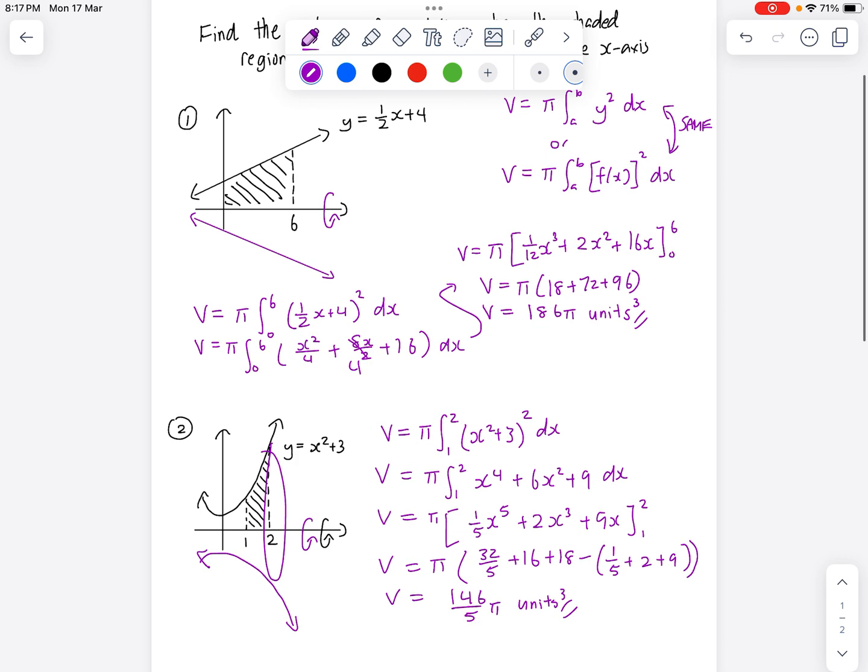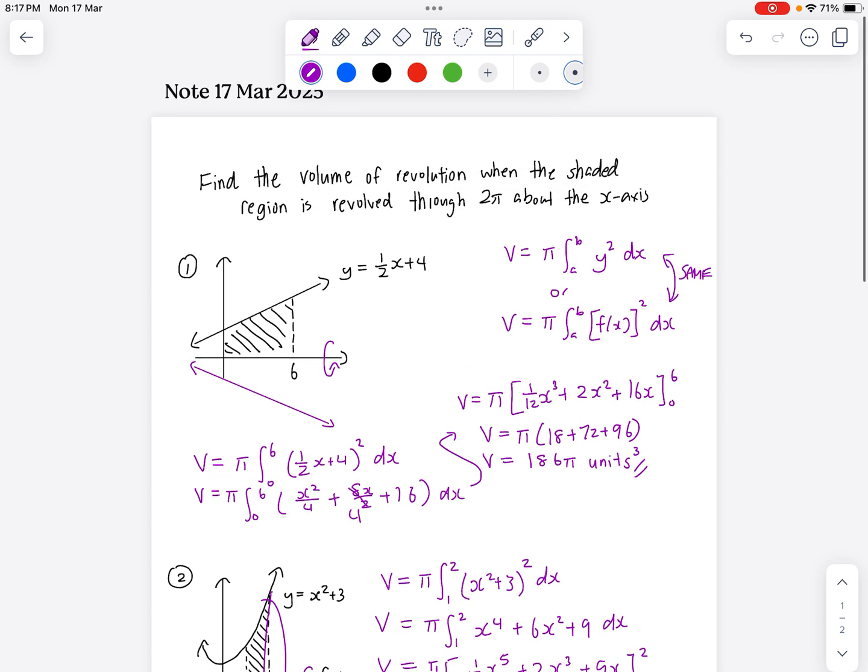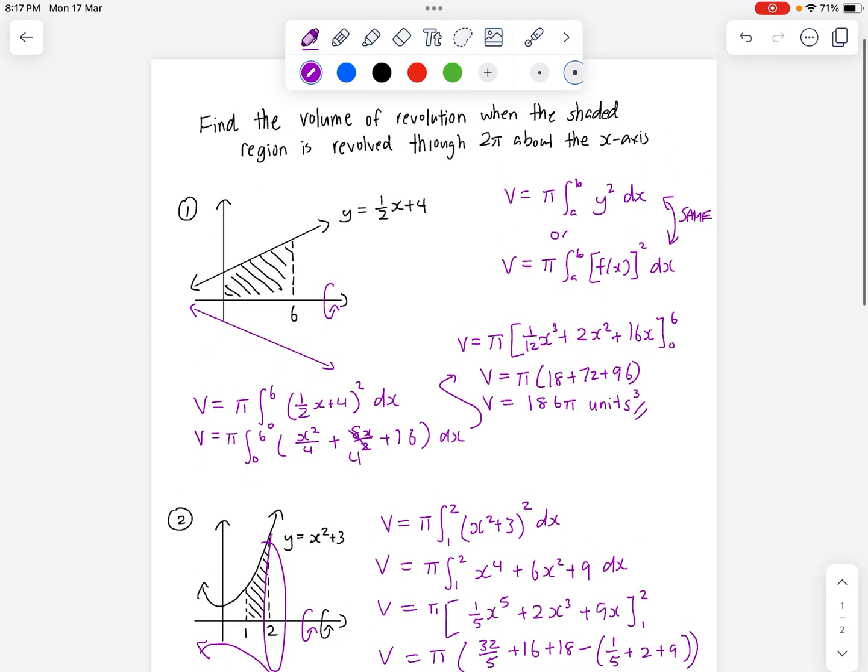The calculation is a little bit heavy, but the main idea is how to find the volume of revolution. Remember, when it says about the x-axis, it's rotating about the x-axis. For example, in the first question, we see that it's a linear function, and we drew an extra line below the x-axis to visualize that it will be going around.